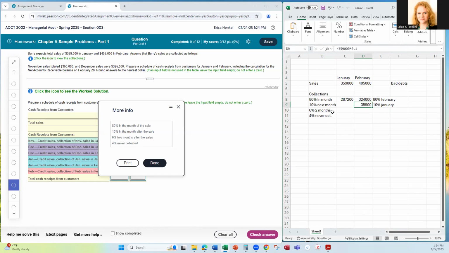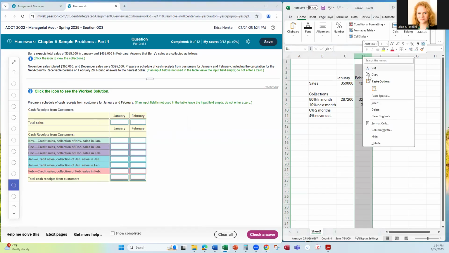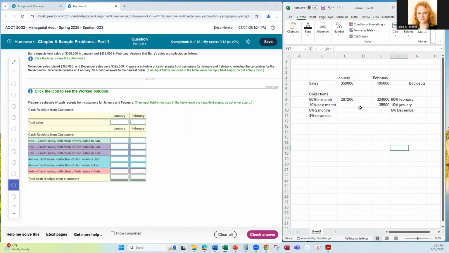Now, in this period right here, we're going to have 6% of December that will get collected in February. So if we say November sales were 350,000, this is going to be 10% of December and 6% of November that will get collected in January.